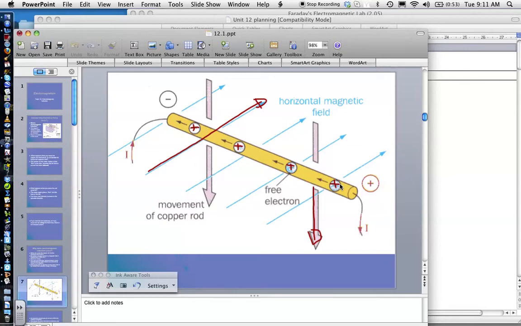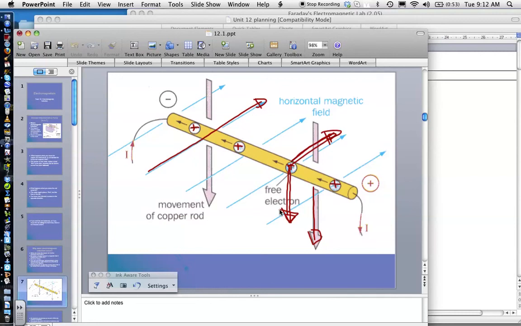Now we know with the right hand rule, the right hand motor rule, that if you've got your charge moving downwards and your magnetic field moving across, we put our fingers in the direction of the magnetic field, and we put our thumb in the direction of the moving positive charge, and the palm of the hand will be in the direction of the force that will be exerted on that charge.